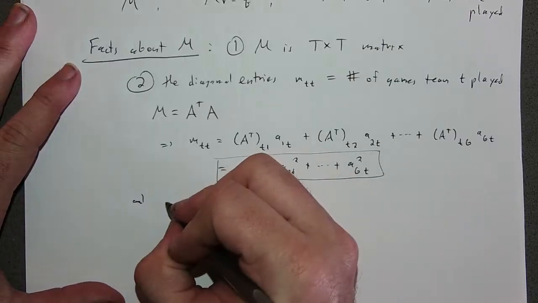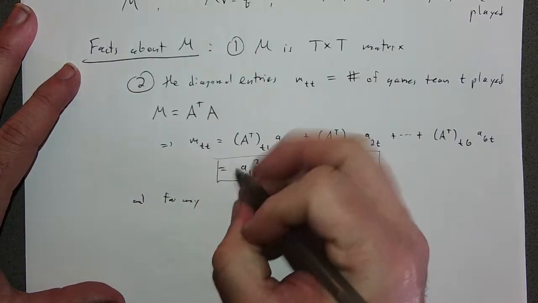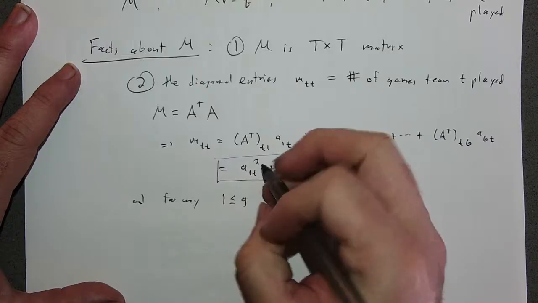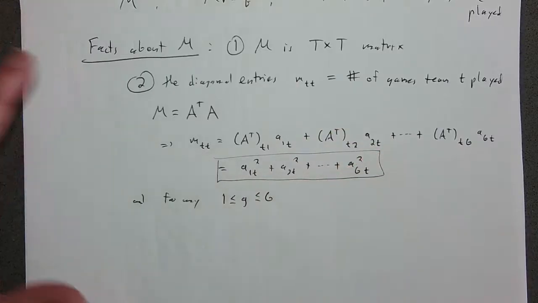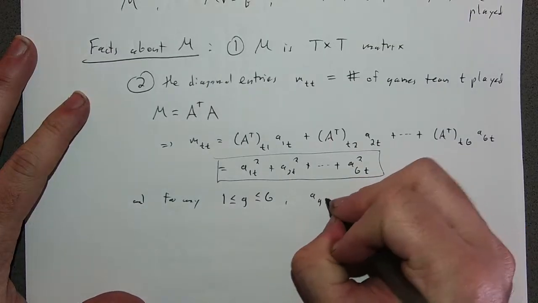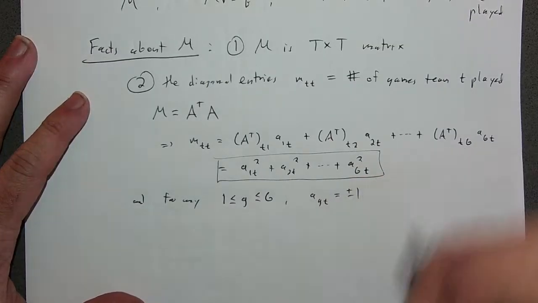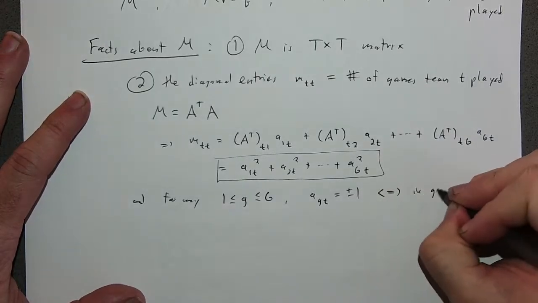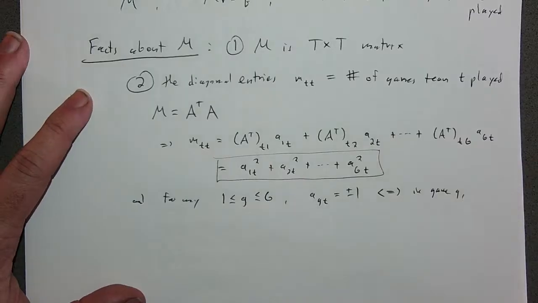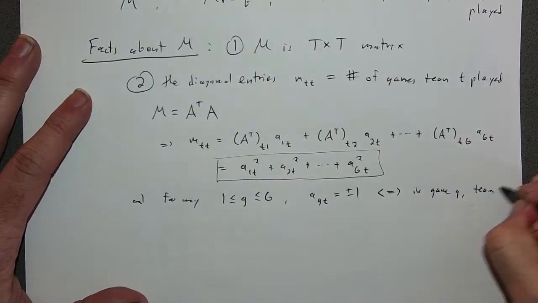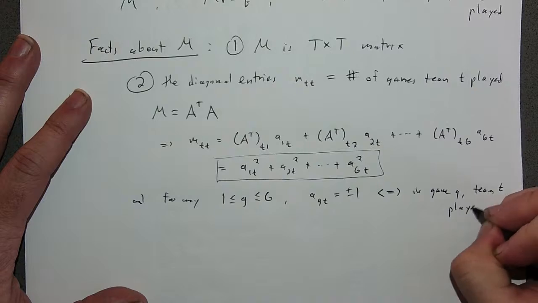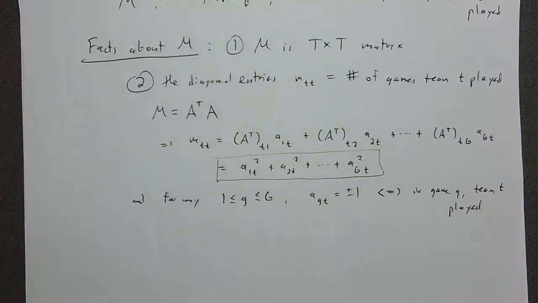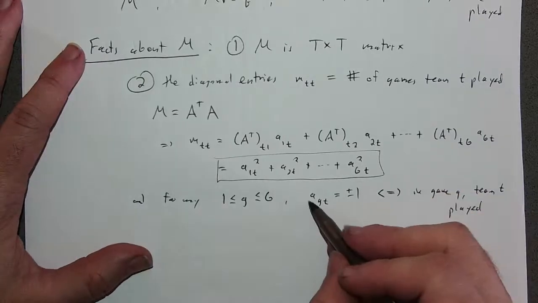For any little g between 1 and big G, remember big G is the total number of games played here, we know that A sub gt is plus or minus 1 if and only if in game g team t is involved, or team t played. Otherwise, you get 0.